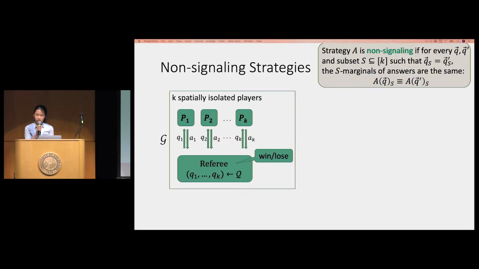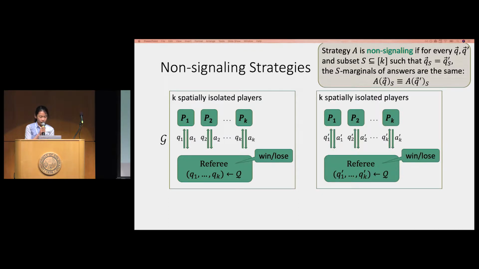Let's walk through a more concrete example of what it means to be using a non-signaling strategy. Again, at the top is the definition. We can consider two different queries here, Q and Q prime. For example, let's say that the first and second players are receiving the same queries in both of these instances of the game.